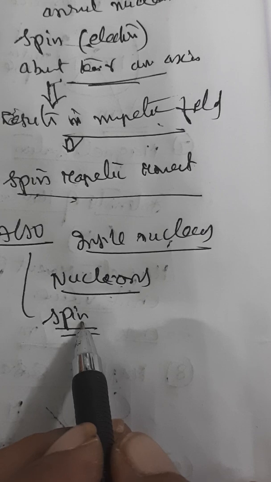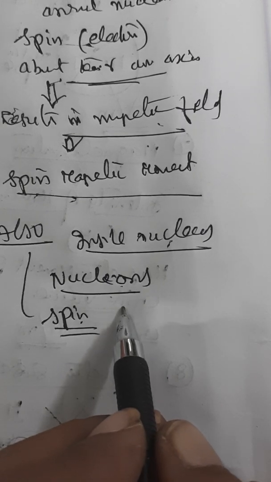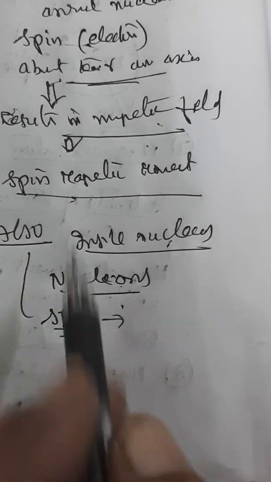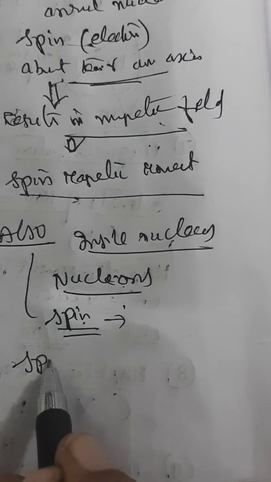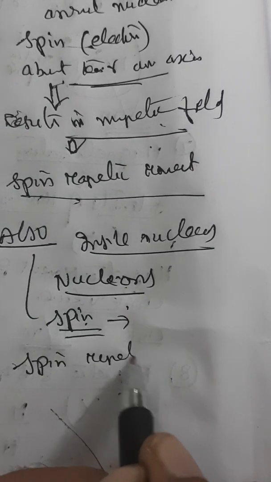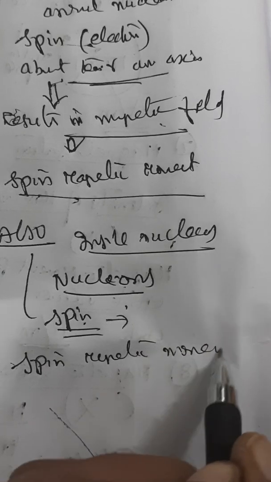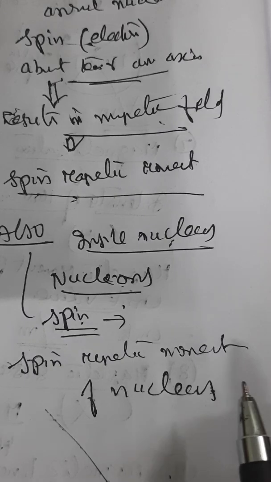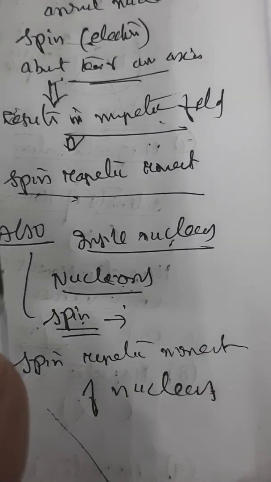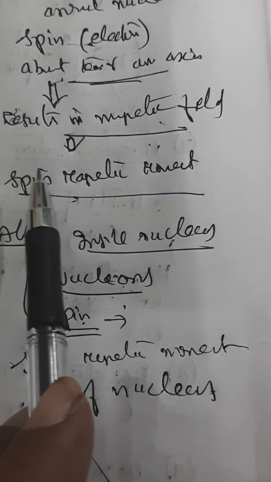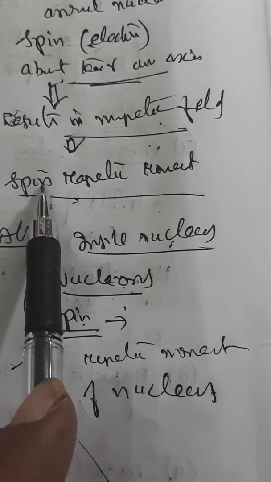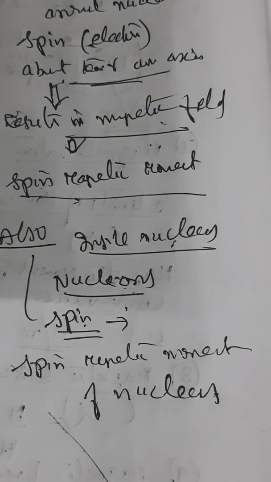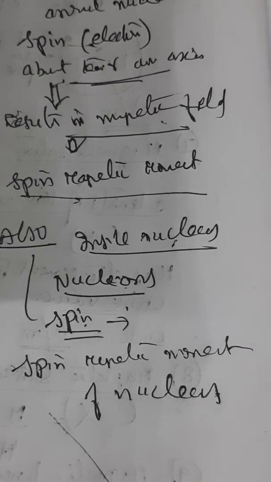Whenever there is a spin, there is a magnetic field, and therefore from this we will again get the spin magnetic moment of the nucleus. So there is orbital magnetic moment, there is spin magnetic moment of electrons surrounding the nucleus, and there is spin magnetic moment of the nucleus itself. Three different magnetic moments have come.